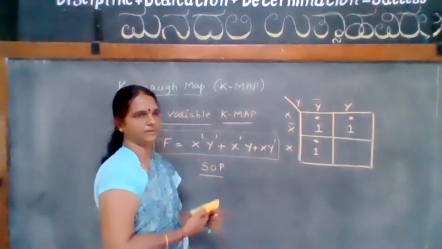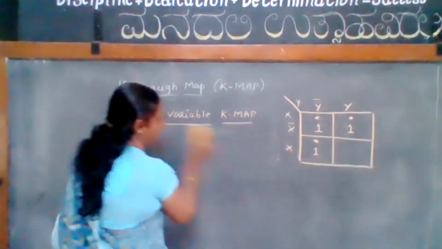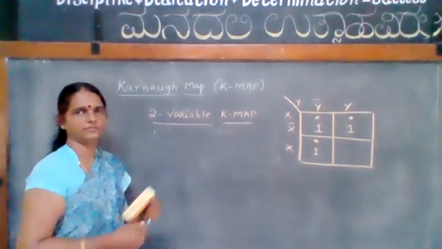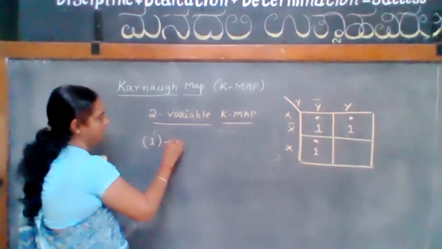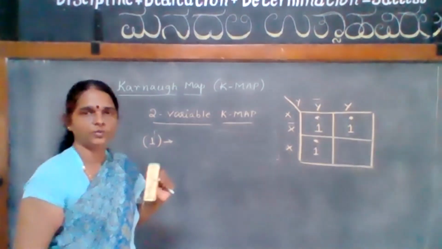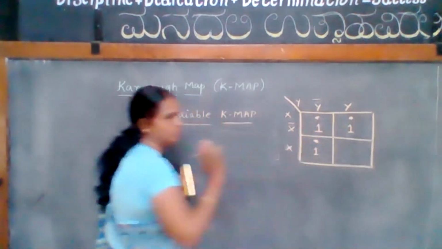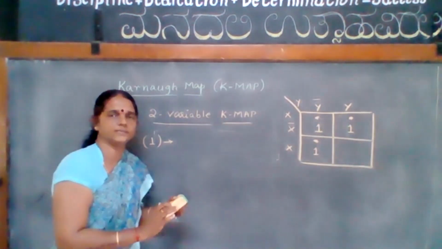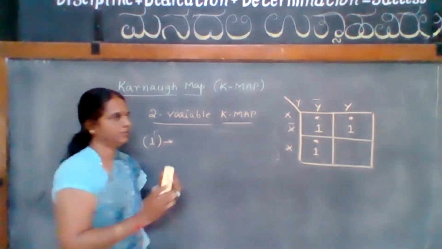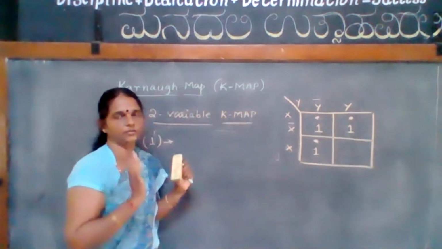Now, how to simplify? Some of the rules you need to remember while simplifying the K-map. The first rule is we need to group the cells so that the maximum number of ones are covered in that group.